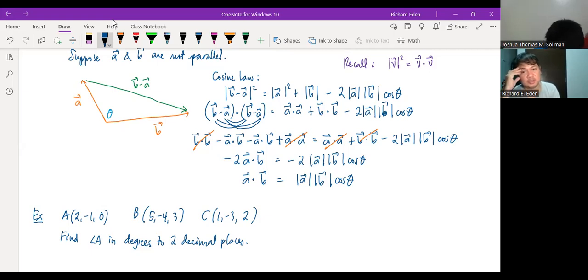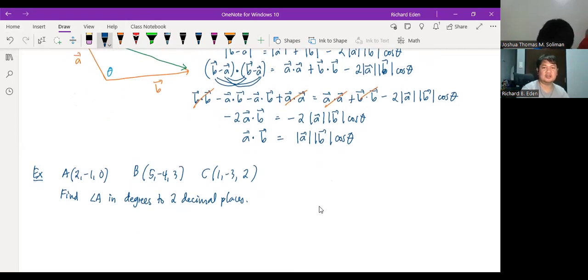Actually, that's one option. You could use the cosine law. But alternatively, we can use the theorem. Kasi ganito, schematically, you have A here, and then B, not drawn to scale, but we don't need it drawn to scale anyway. C. And then this is angle alpha.